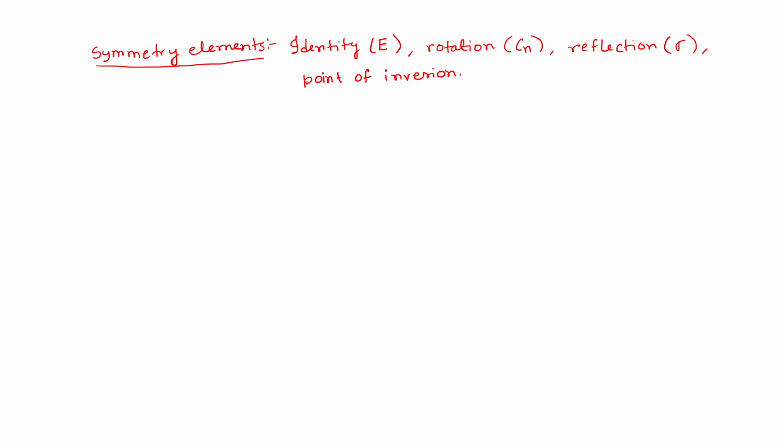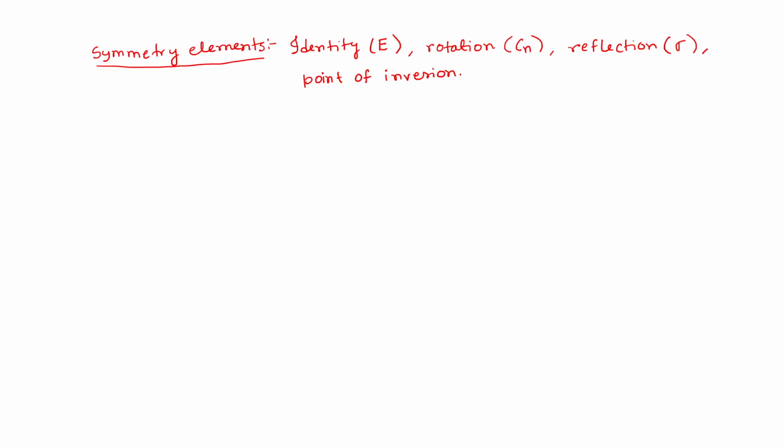Now there can be reflection along some planes. This reflection can be along some vertical planes, but what are vertical planes? Those that contain the principal rotation axis. And then there are something called dihedral planes, which are sigma d kind of thing, right? Now another symmetry element is possible, that is the point of inversion.